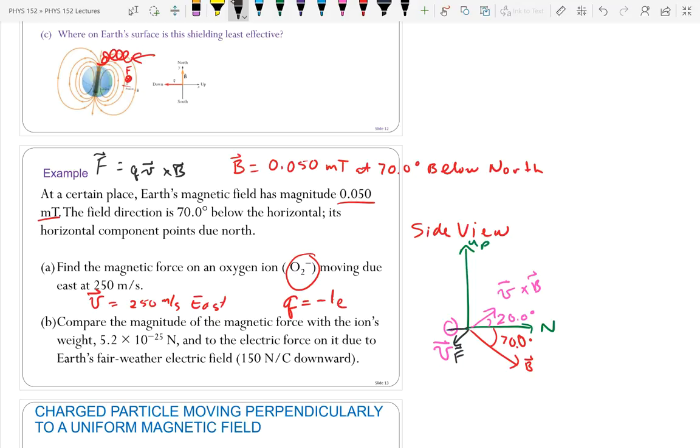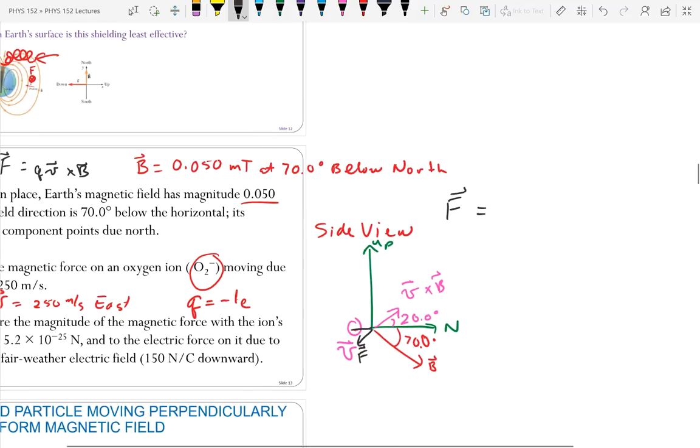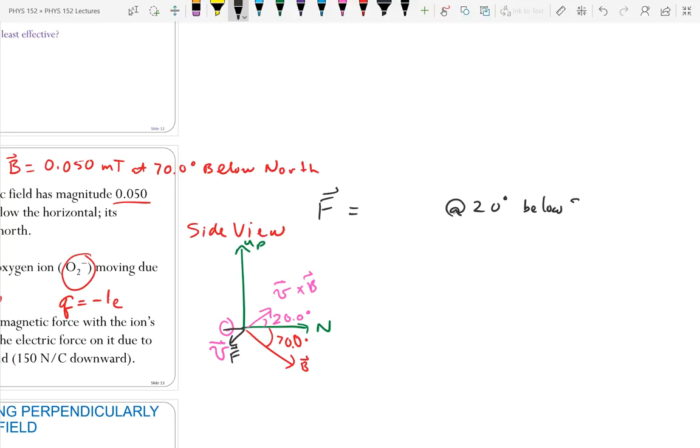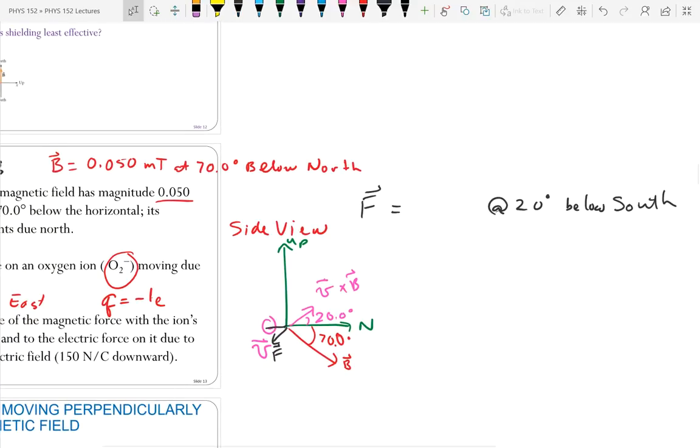So my force is going to be 20 degrees below south.